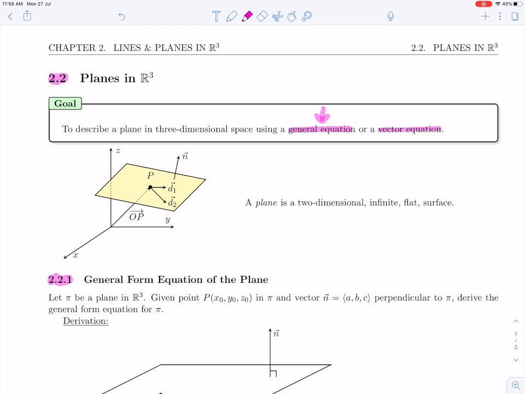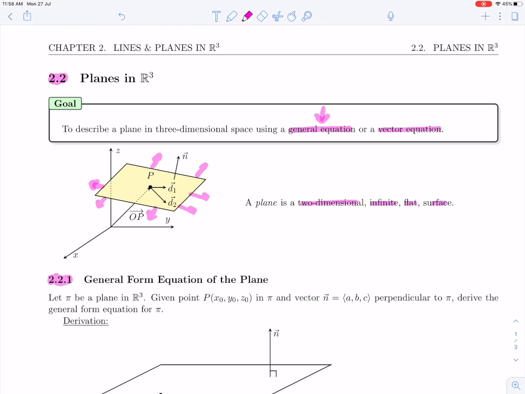So let's have a quick look at this diagram. A plane is a two-dimensional infinite flat surface. I want to be very clear here that these are not boundaries, right? The plane goes on in all directions. It's infinite, so it doesn't have a boundary, it doesn't have an ending part or point or anything like that.